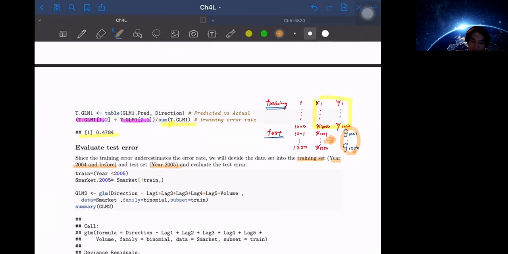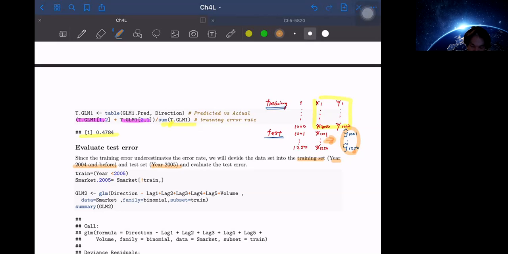But for time series, the time structure is important, and predicting later years is more important. So it does not make much sense to use 2005 data to predict 2004 data. So the test set is usually a later period than the training set.